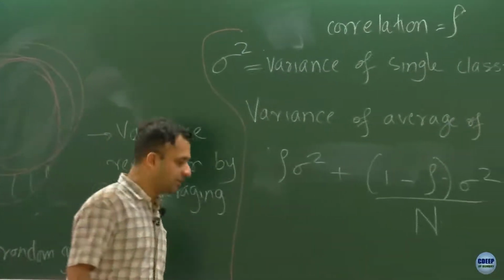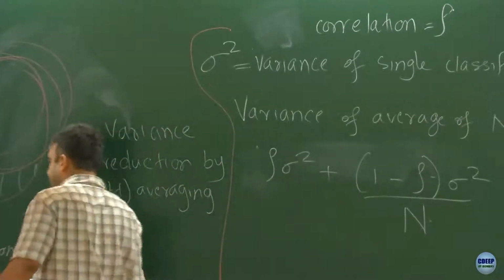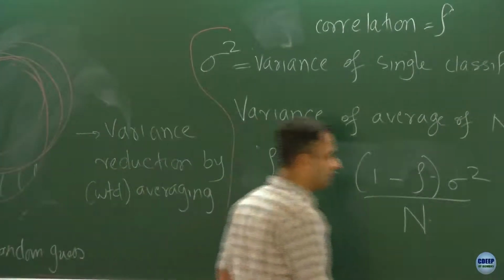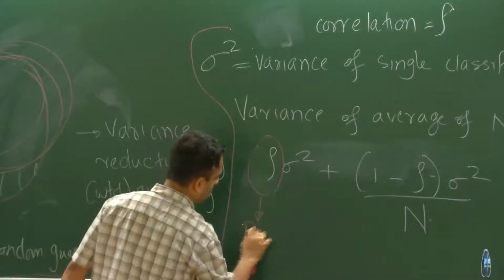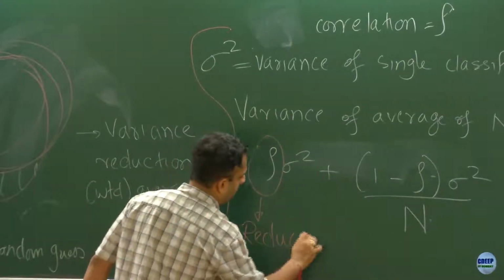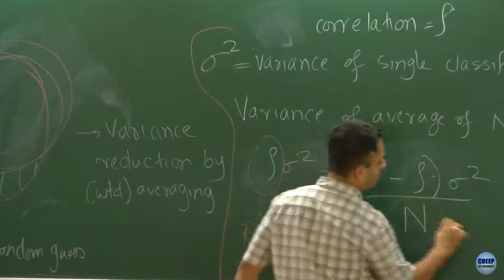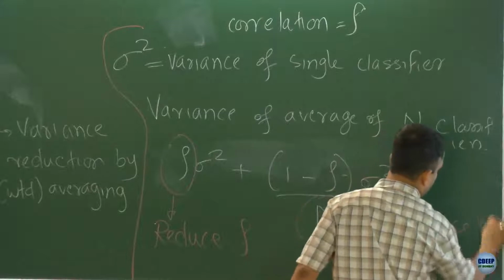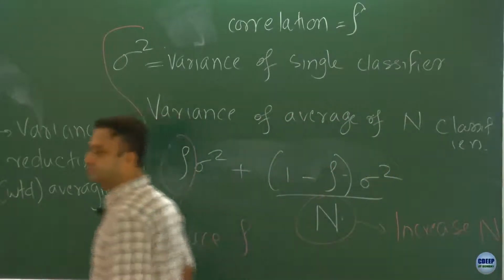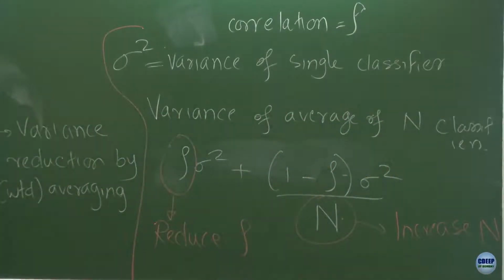This is the basic idea: reduce rho, increase n. Have these classifiers independent of each other.